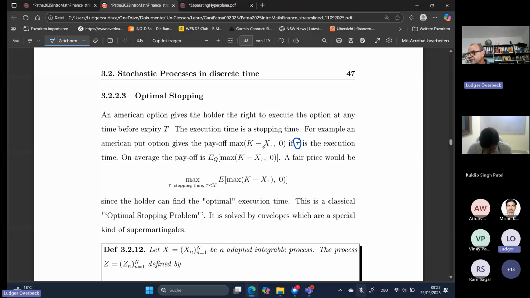That's the payout of your put option. Here you have K, and if X_T is 0, your maximum profit is K. And now at a certain time it's here, now I execute. X_tau is this value, so this will be your profit.